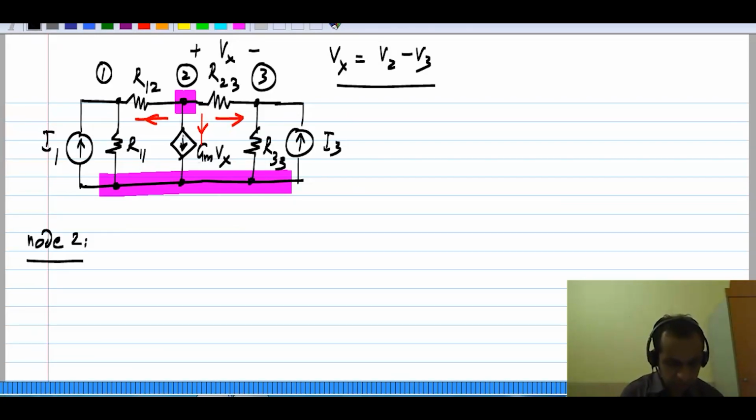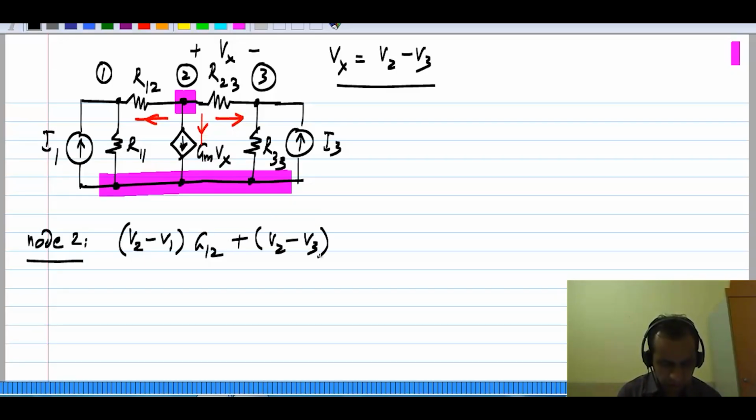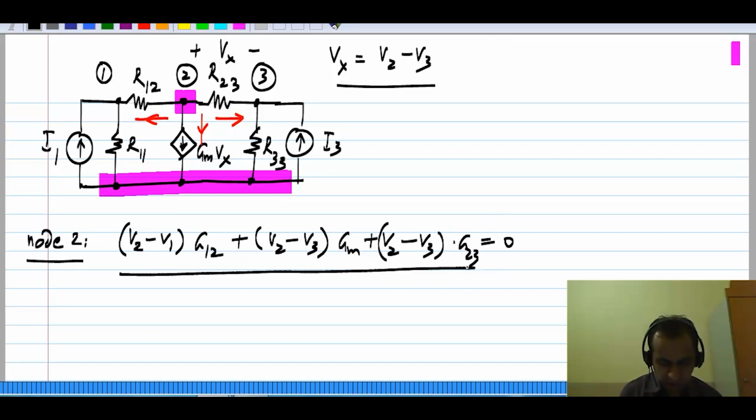The first one of them is V2 minus V1 times G12, and the current through Gm is basically V2 minus V3 times Gm, and the current through this is basically V2 minus V3 times G23, and the whole thing equals 0.